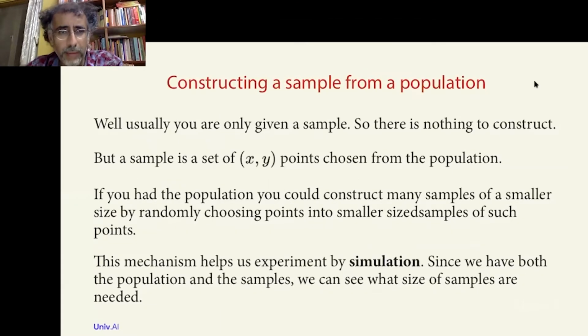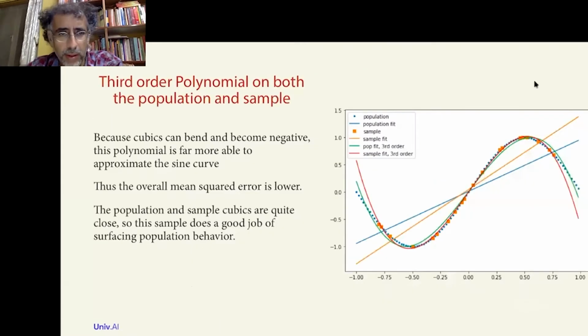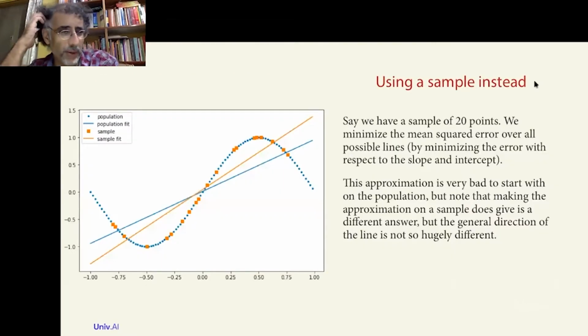And one way to think about representativeness is to go back to these orange points over here and see, do they cover the entire range of my x's well? And you might say, yeah, there's some stuff left out below minus 0.8 and above 0.8. But it actually has points everywhere. So, I wouldn't expect it to do a terribly bad job. But this is 20 points out of 100.